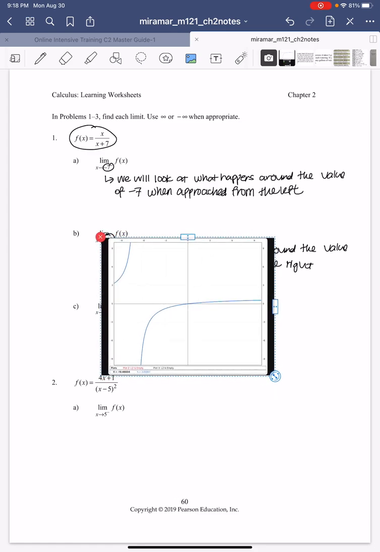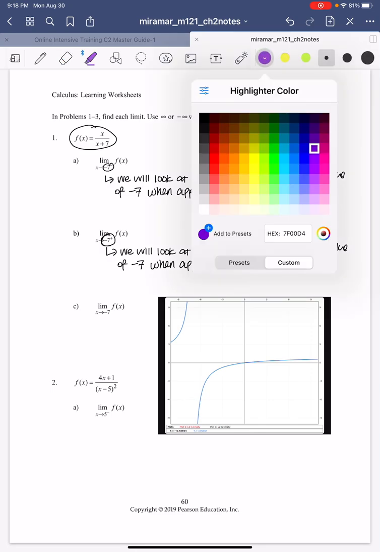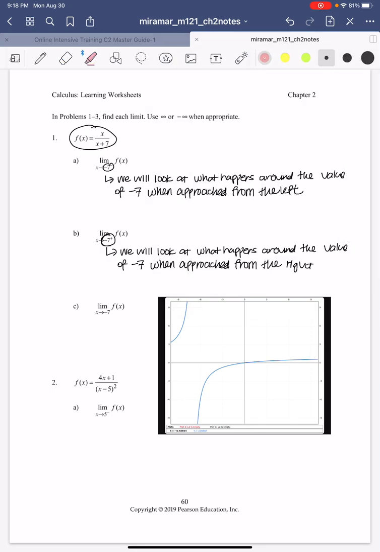Okay. Now for number 1, remember this was right around here is when -7 appears. And if you start tracing from the left side of the -7, this is the -7 left side, what happens is the y value gets bigger.